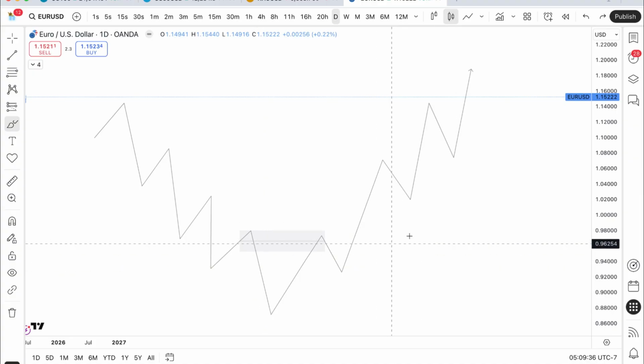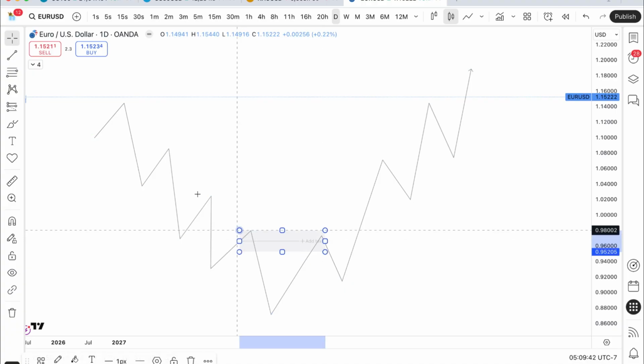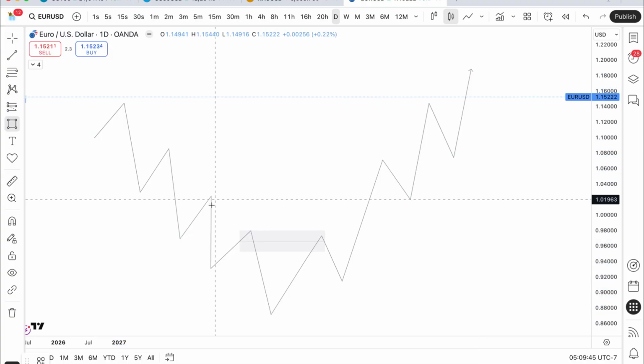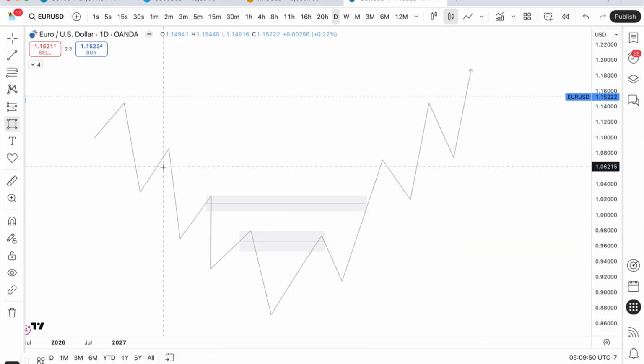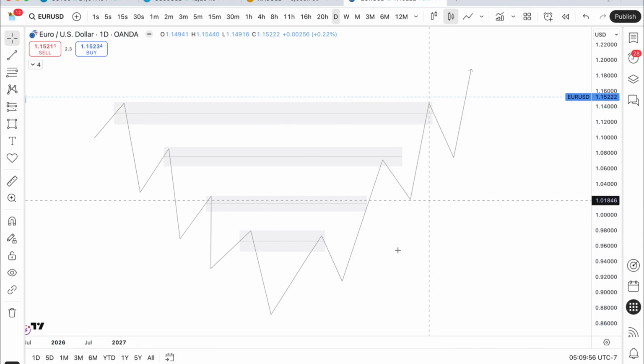Having said that, the idea here is for you to see where all the supply zones are, highlight pretty much all the supply zones like this, and wait for price to react to them. Whether they react or don't react, it really all depends.